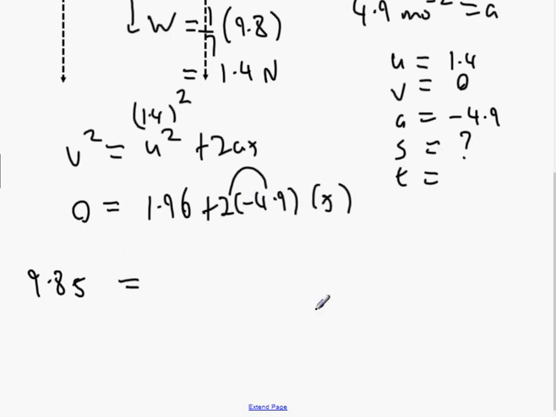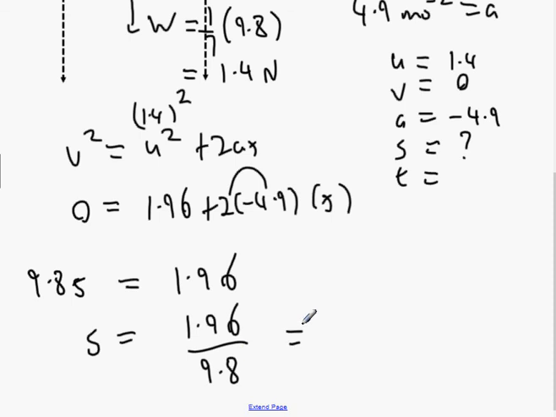Bring the minus 9.8 to the other side. S is going to equal 1.96 divided by 9.8. What's 1.96 divided by 9.8? Anybody? Let's go with 0.2 or a fifth. So 0.2 meters deep.